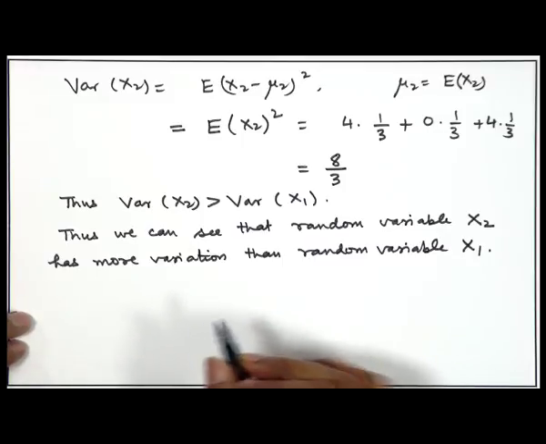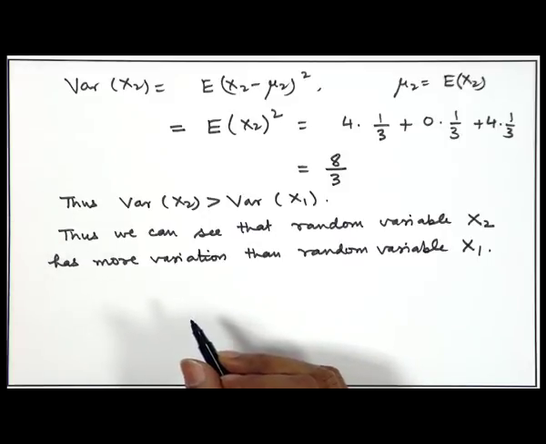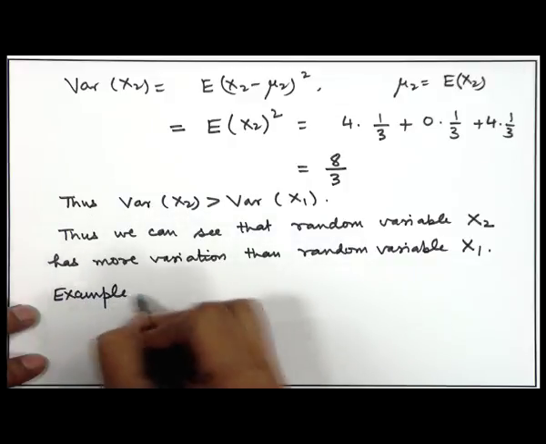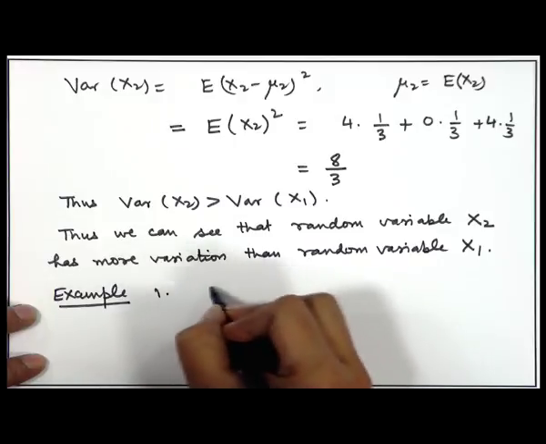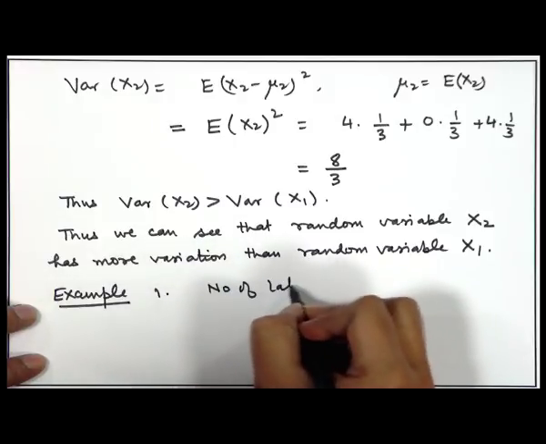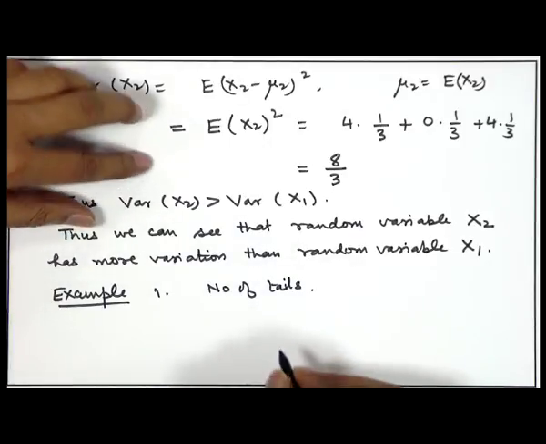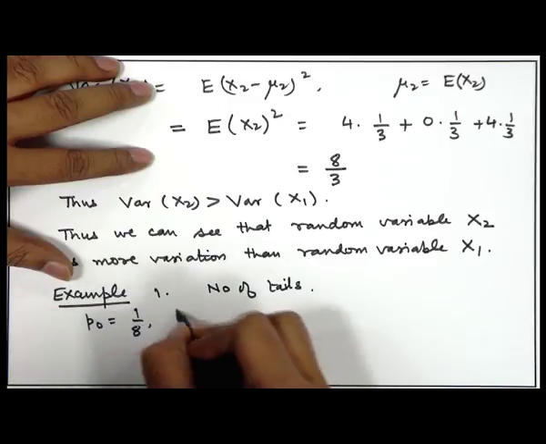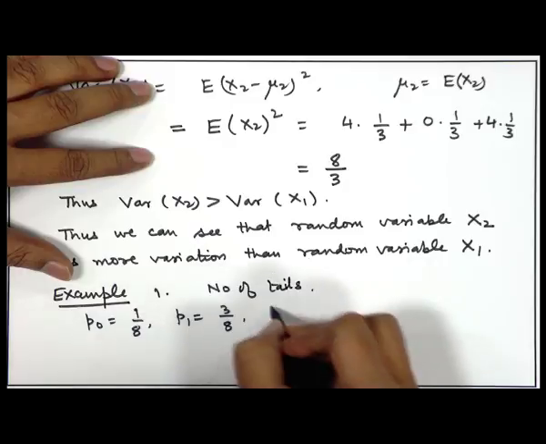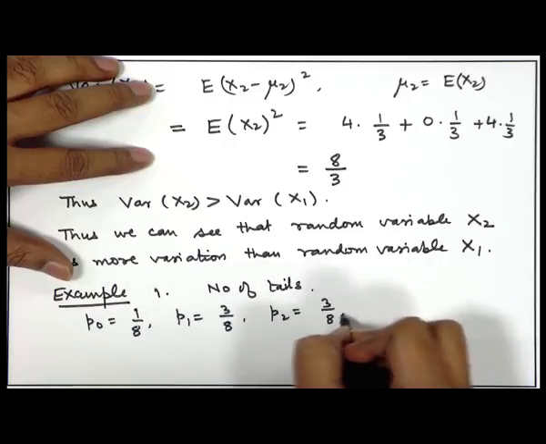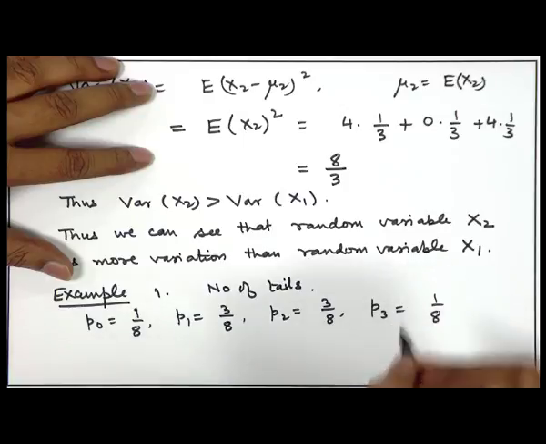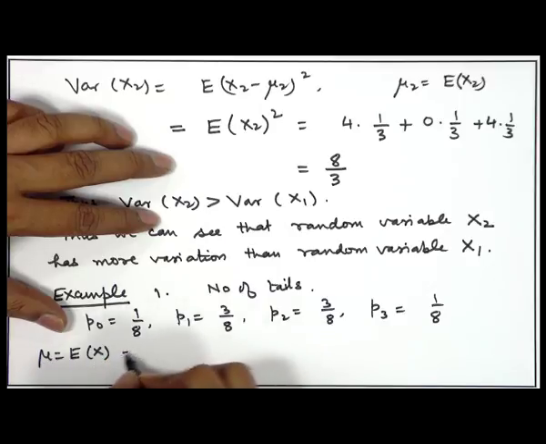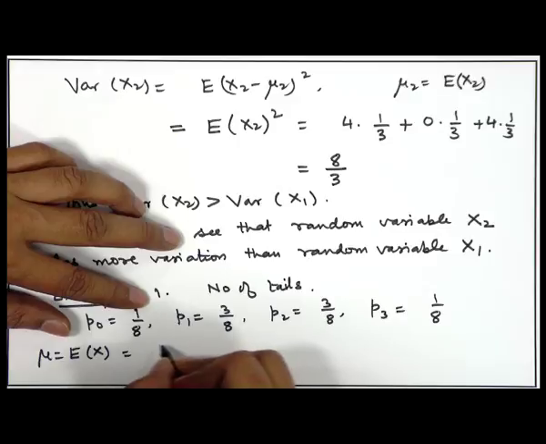So, we can actually calculate variance in various examples that we have done. Take the number of tails. We had here P0 was 1 by 8, P1 was 3 by 8, P2 was 3 by 8 and P3 was 1 by 8, and the expectation of x, which we call mu, was equal to 3 by 2.